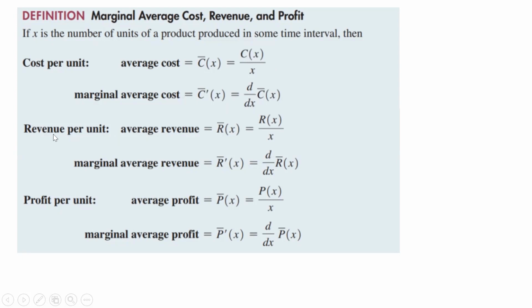The same thing works with revenue and profit, except now we're saying R bar and R bar prime and P bar prime. Instead of cost, we're doing revenue or profit, but it all works the same way. To get our average, we take the profit total divided by x or the revenue total divided by x. And then we take that derivative to get our marginal average revenue.